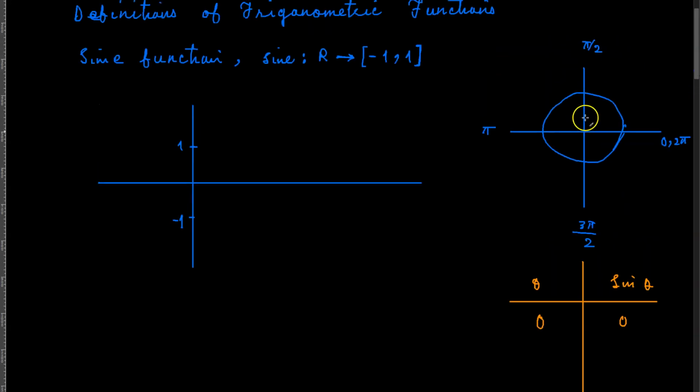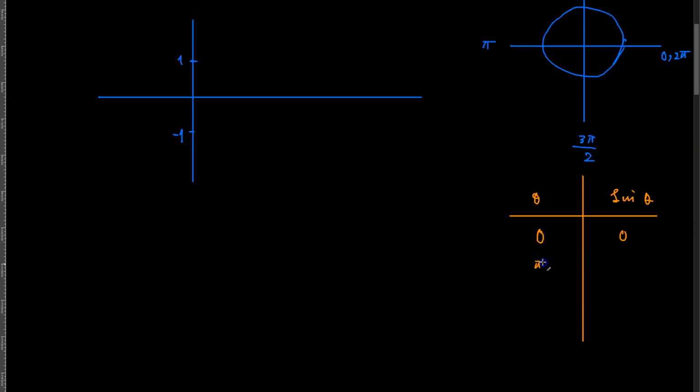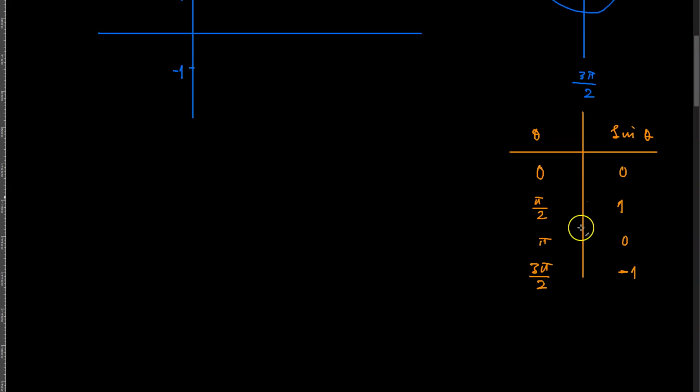Then sine of pi by 2 is equal to 1. Sine of pi is equal to 0 again. Sine of 3 pi by 2 is equal to -1. And the sine of 2 pi is again 0.